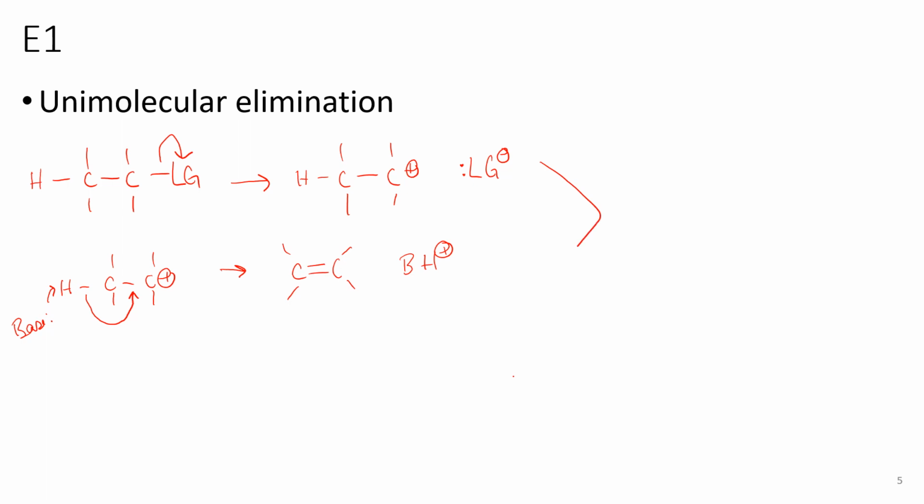So once again, if we combine these into the overall net reaction, our net reaction will be very similar to what we saw with our E2 elimination that happened all in one step. So we have our base reacting with our substrate, and again in the substrate we have our leaving group and our hydrogen on adjacent carbon atoms.